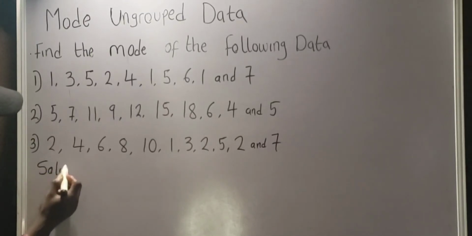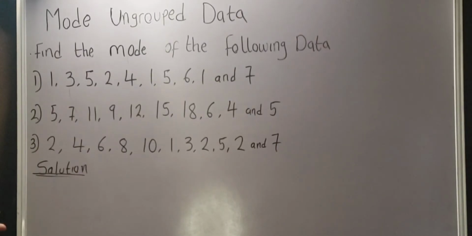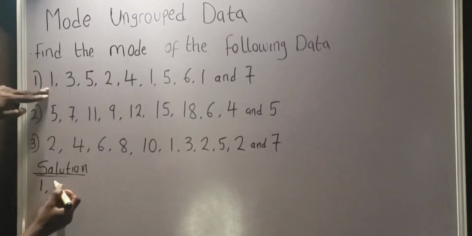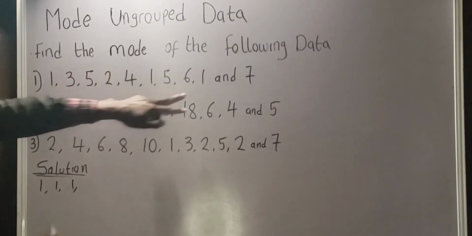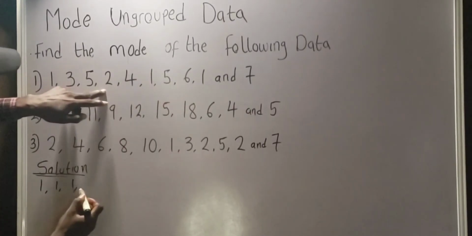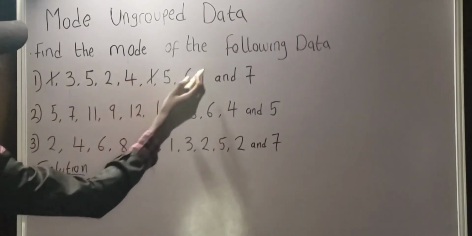Solution. To make it easier to determine the mode, let's arrange our data set in an ascending order. Are you getting it? So I'm going to have 1 for the first question. Another one is here. Another one is here. Then I have 1, 2. Let me cancel the one that I've already written.